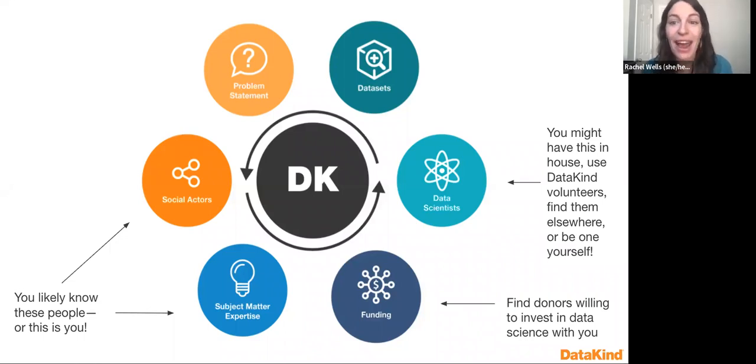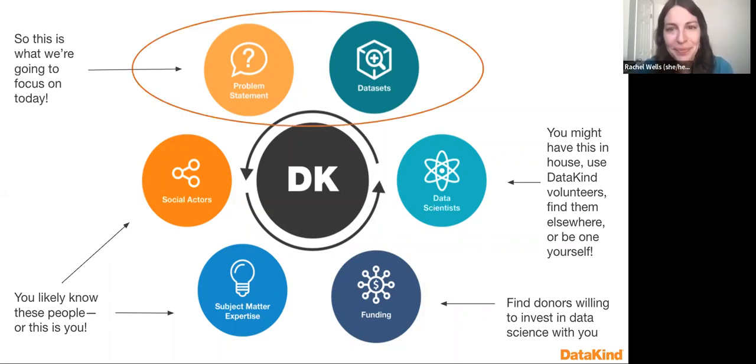So find subject matter experts to work with you if you're a social change agent or data scientist, or find those social actors who are on the ground doing the work to partner with you if you are a subject matter expert or a data scientist. No matter what, you want to get a deep understanding of the needs and know that you're actually solving for what's most important to solve for. And that's done by getting to know the people that your data work will impact.